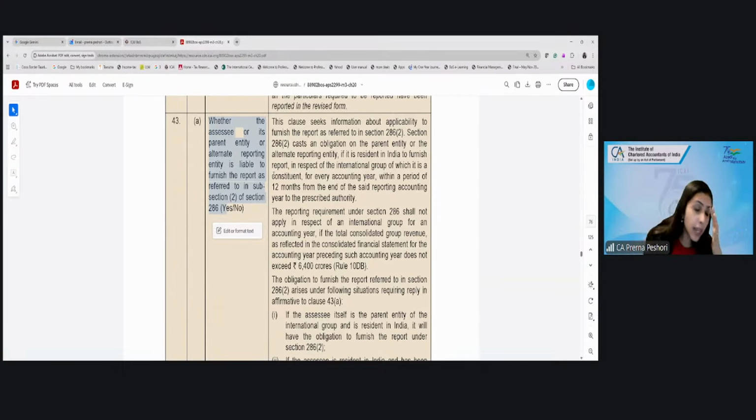So basically the parent company has to furnish a country by country report in its home country with respect to the activities that it carries out all over the world, the employees it has all over the world, what are the incomes that it generates all over the world. So that information needs to be reported. It is called a country by country report. So the tax auditor should verify if the assessee has filed this report.